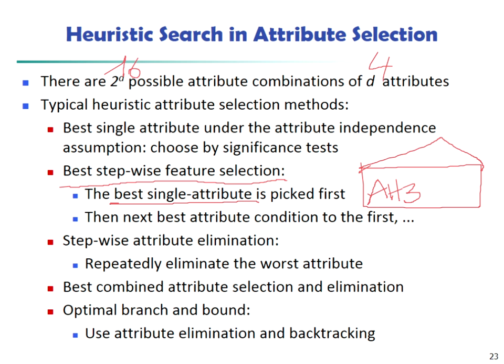That means which second attribute combined with attribute 3 gives us the best performance. For example, attribute 1. After that we will search for which attribute added to attribute 3 plus attribute 1 gives the best performance. For example, attribute 4, etc.